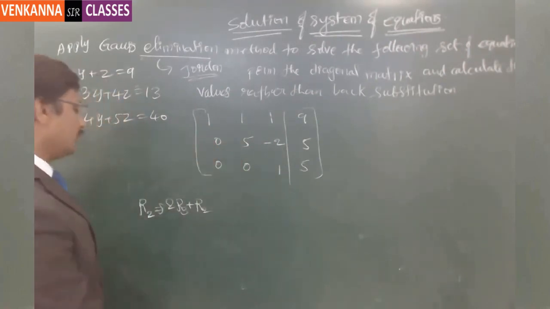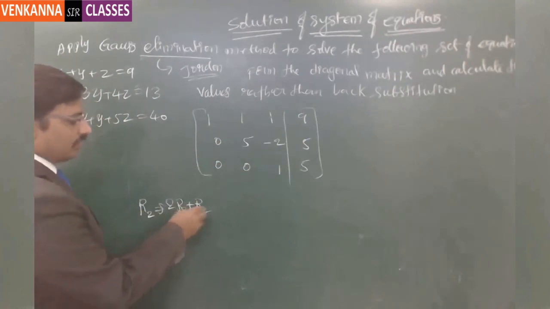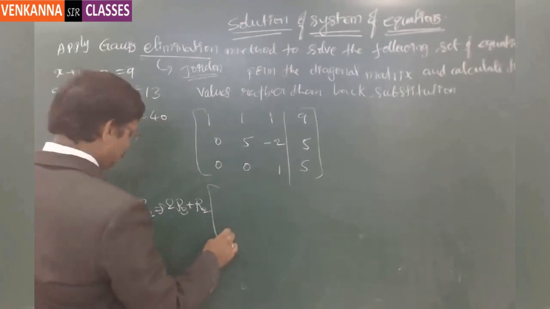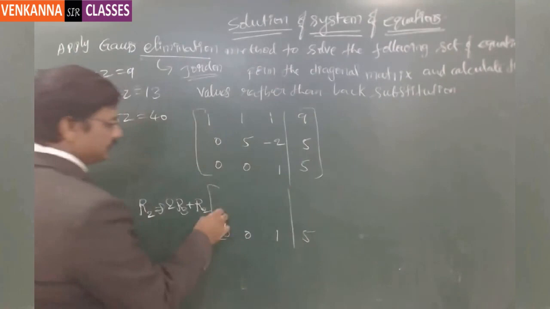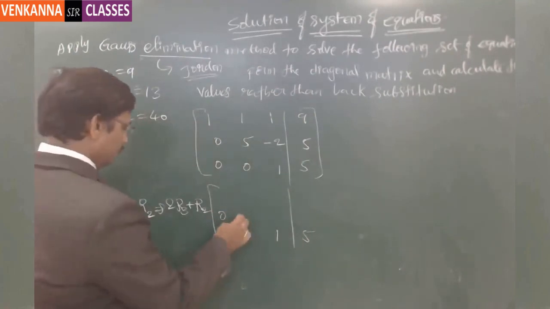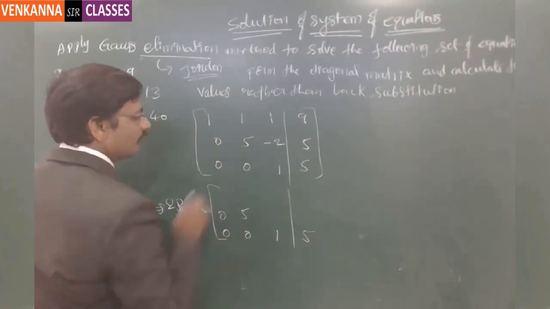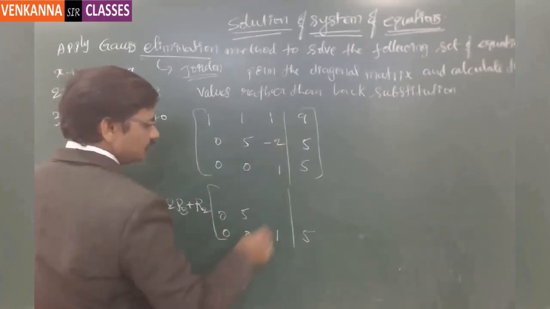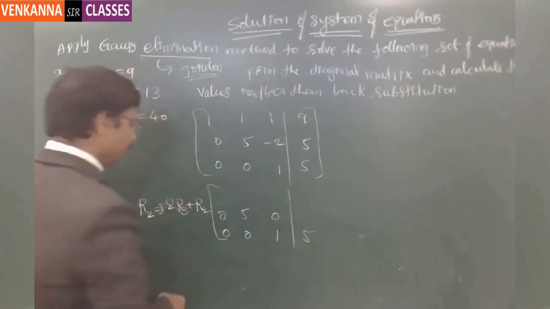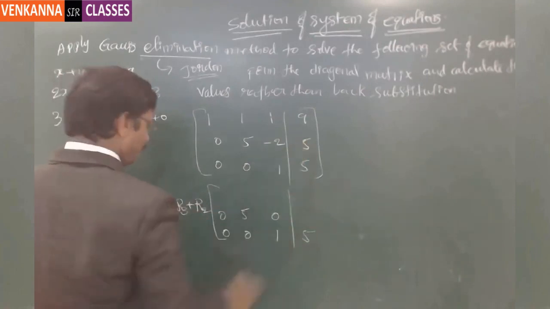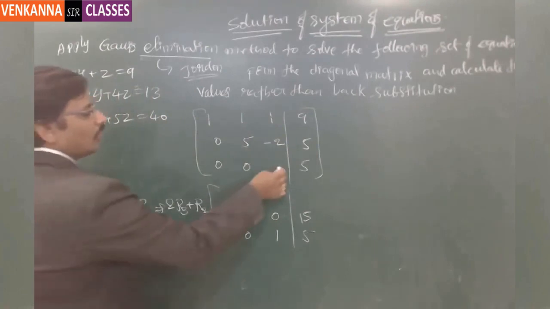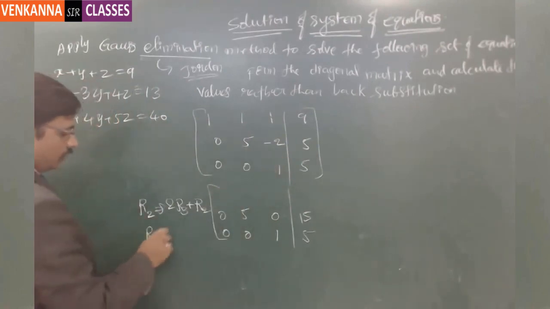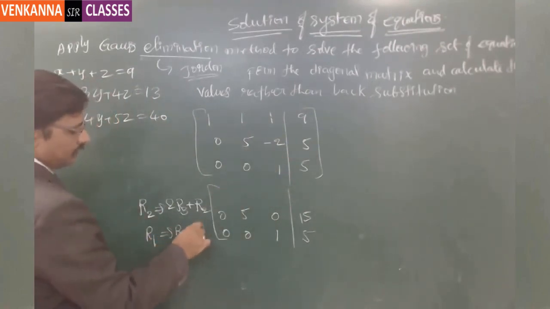Got it? Now if I make 2 times R3 plus R2, this I made as R2, so this is 0, 0, 1 and 5. So this is again 0, and 2 times R3 is 0, and 5 as it is. 2 plus minus 2 is going to be 0, and 2 times 5 is 10, 10 plus 5 is 15. And then if I want to make this 0, what I can do is R1 equals R3 minus R1.